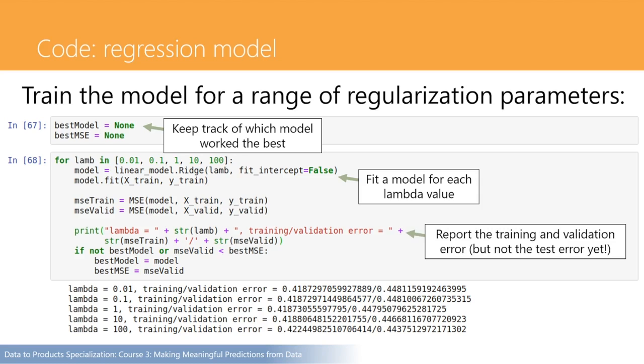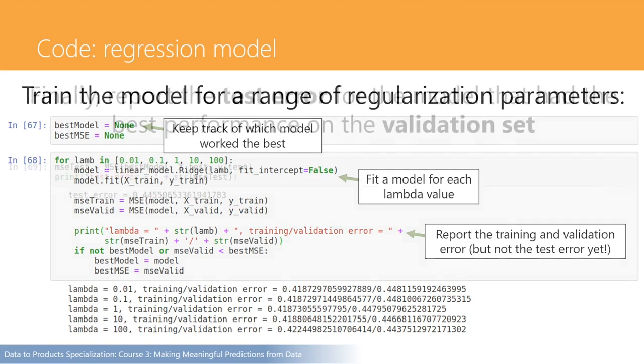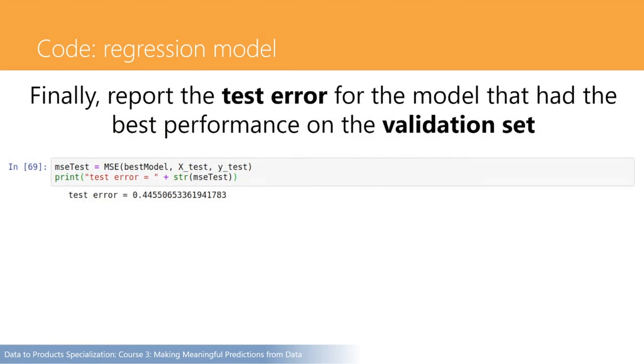And as we do so, we're going to report the training and validation error. Note that we don't look at the test set at all yet. And finally, we are going to keep track, in the bottom 3 lines of this code, of which model is working the best. So if the validation error is lower than the best validation error we've seen so far, we will store that model as our best model, and we will store its best performance for comparison later on. And we're just printing out the results as we go.